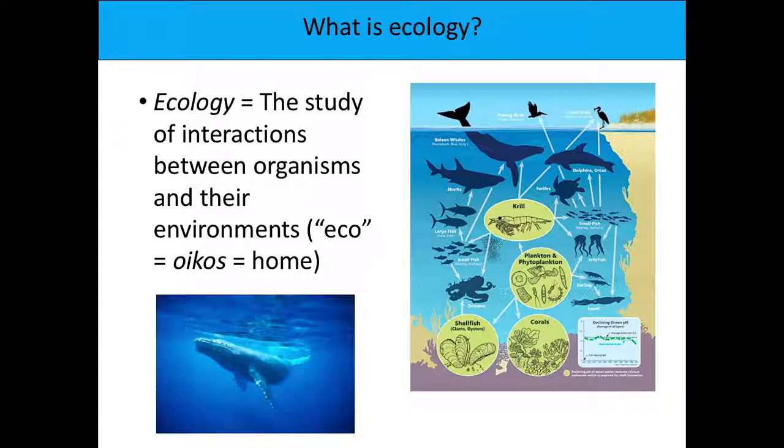So in this example, we've got a marine environment with a nearshore or benthic component and an offshore pelagic component. In different habitats, we have different types of species, different types of consumers.